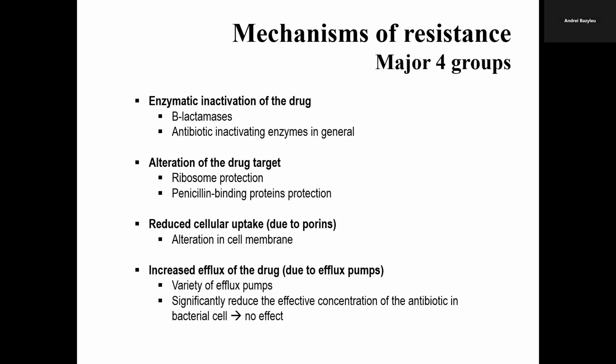A lot of this information can be figured out by just understanding the name. So what do you think bacteria that exhibit this resistance do? It enzymatically inactivates the drug that you throw at them.